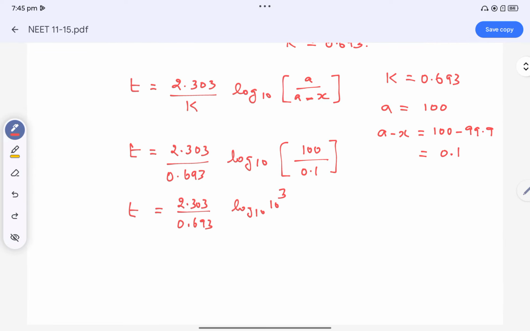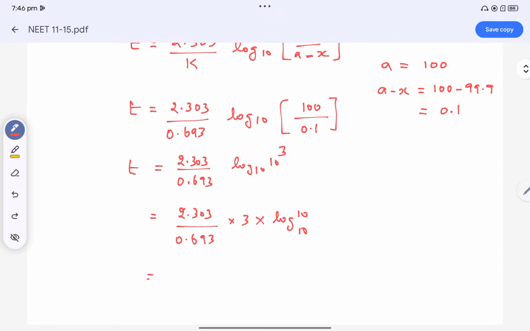So, 2.303 divided by 0.693 into 3 into log to the base 10 of 10. So, this value is closer to 9.97 minutes.